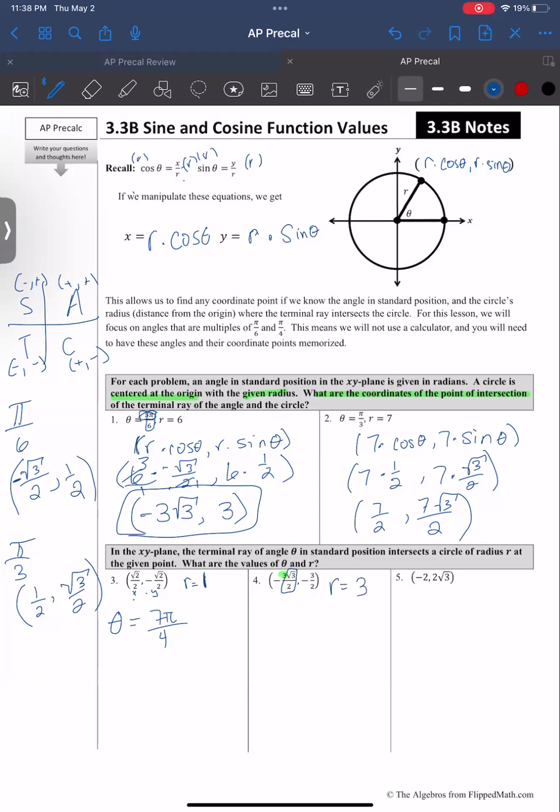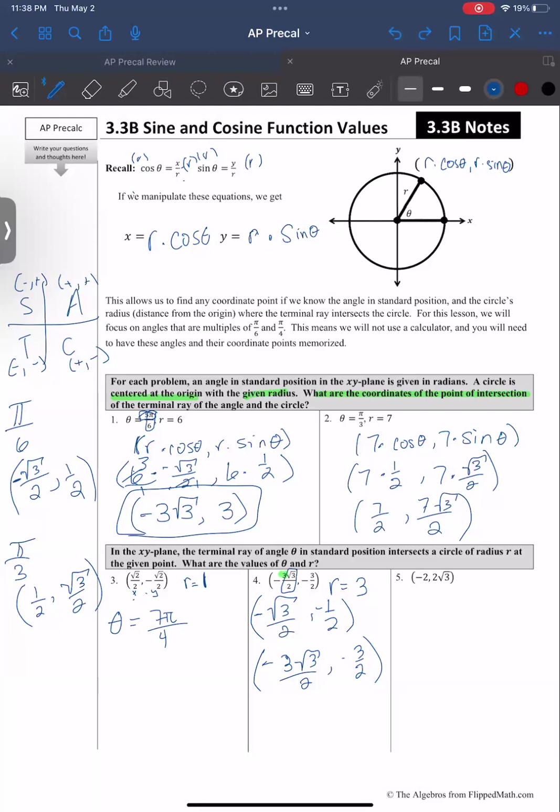Because if I multiply, remember my usual square root of 3 over 2, comma 1/2. If I had a radius of 3, what would happen is I would get negative 3 square root of 3 over 2, comma, negative 3/2. So my radius has to be 3.